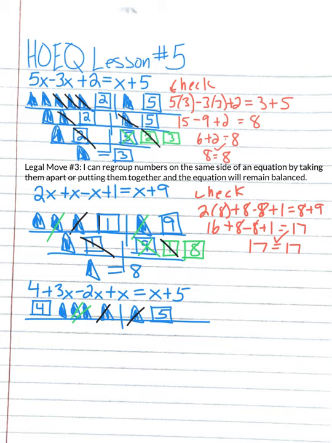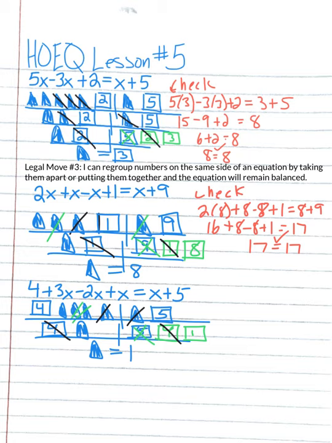And just to clean things up, I'm going to create a new line. So I have 4, and then on the left side, I'm really just left with 1 triangle. And on the right side, I'm left with just 5. If you need to at this point, we can regroup by taking that 5 and changing it into a 4 and a 1, allowing us to remove 4 from both sides, and being left with our triangle equaling 1.